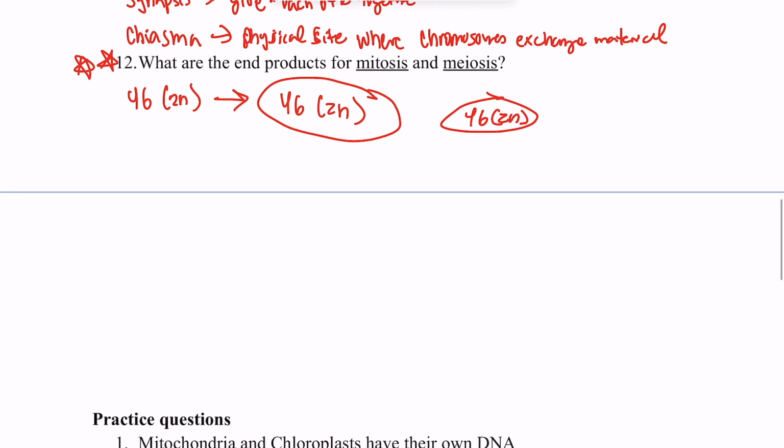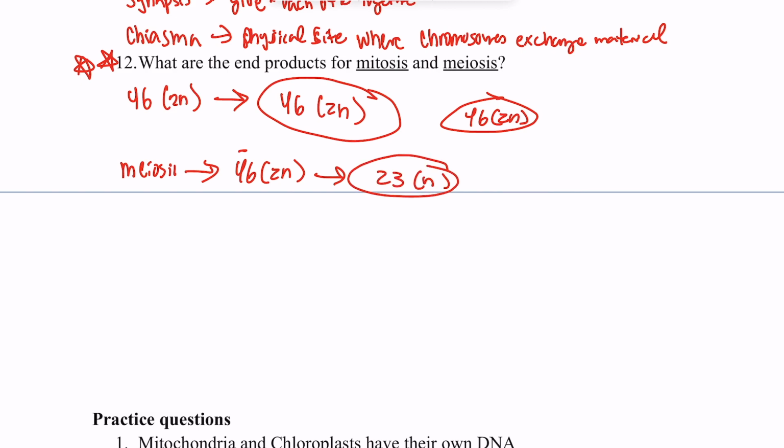And then meiosis, we're going from 46, 2N, that's our starting point, and then we're going to 23, N. And then these are going to go through another phase.